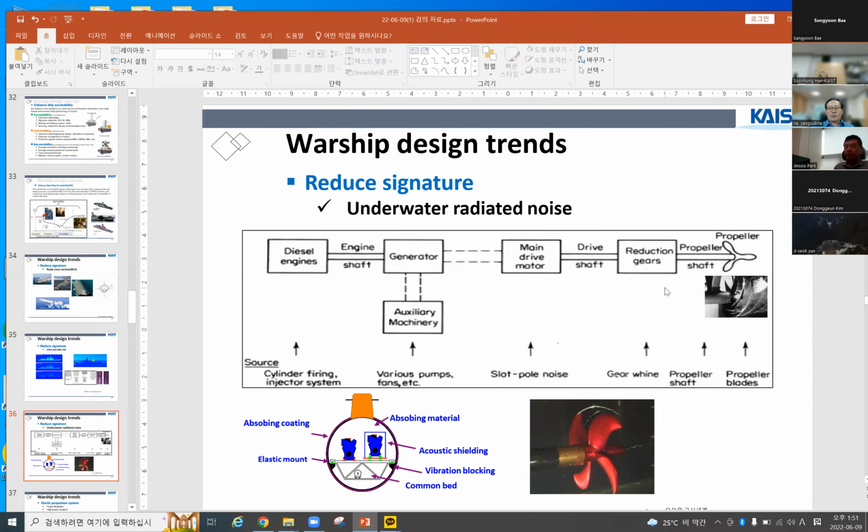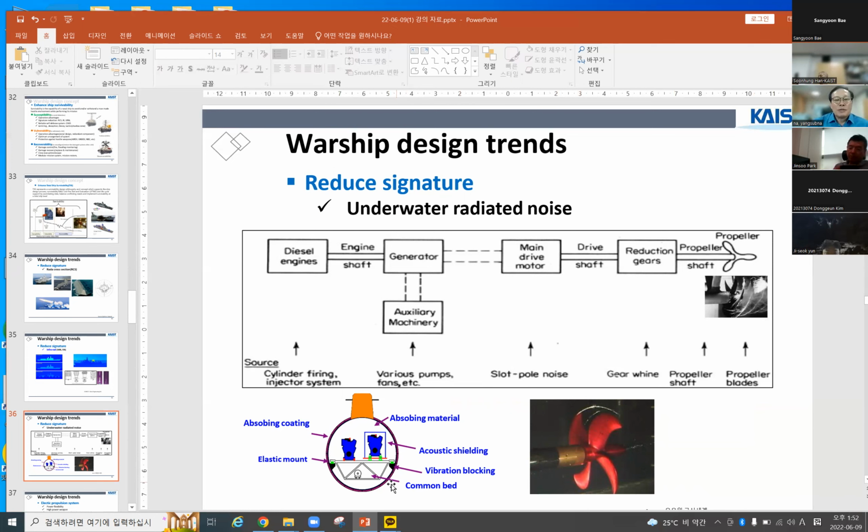In warships, the most significant vibration sources are the diesel engine and reduction gear, and high frequency noise comes from the propeller. So to reduce the signature, we can use a special design for installation.